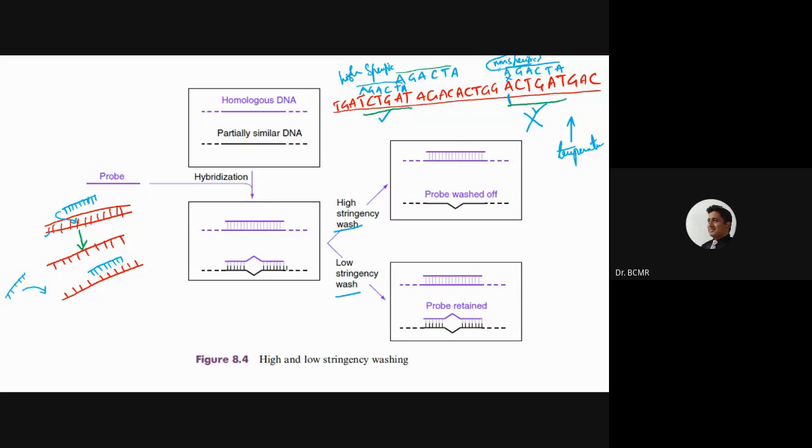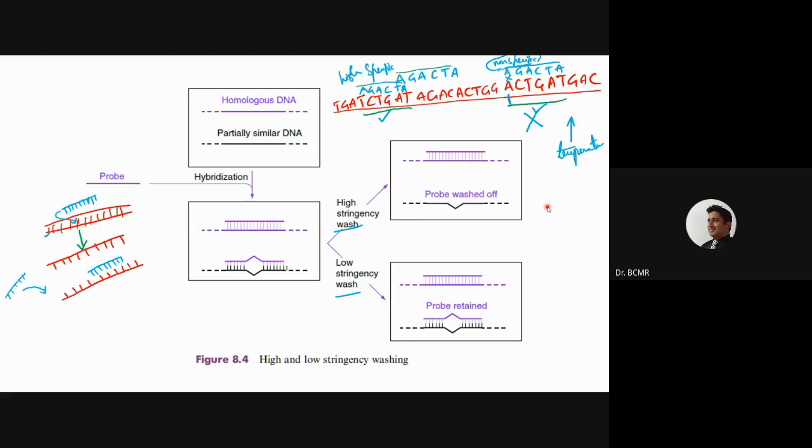Why do they fall off? Because they are bound by a smaller number of hydrogen bonds compared to the other one, isn't it? In this case, you have more hydrogen bonds compared to in this case. So stringency, how we increase it, is about temperature. It is also about salt concentration and other buffer conditions.